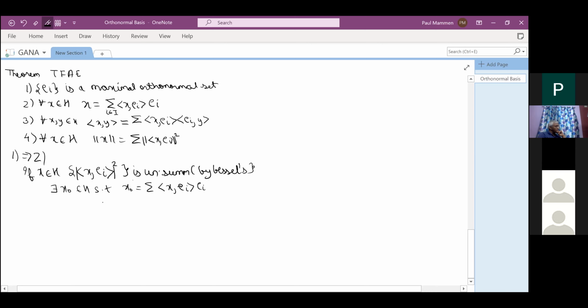And now if x naught is not equal to x, I can take x minus x naught and note that this is going to be perpendicular to each of these, and so x comma e_i is equal to x naught comma e_i, so it is perpendicular to e_i.